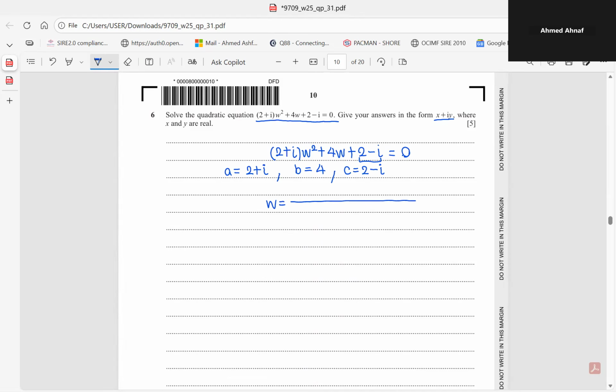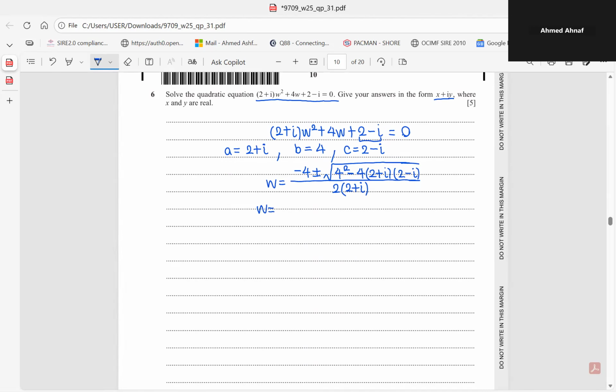So minus B, that's minus 4, plus or minus the square root of B squared, which is 4 squared, minus 4 times A, which is 2 plus i, times C, 2 minus i, over 2A, so 2 times 2 plus i.